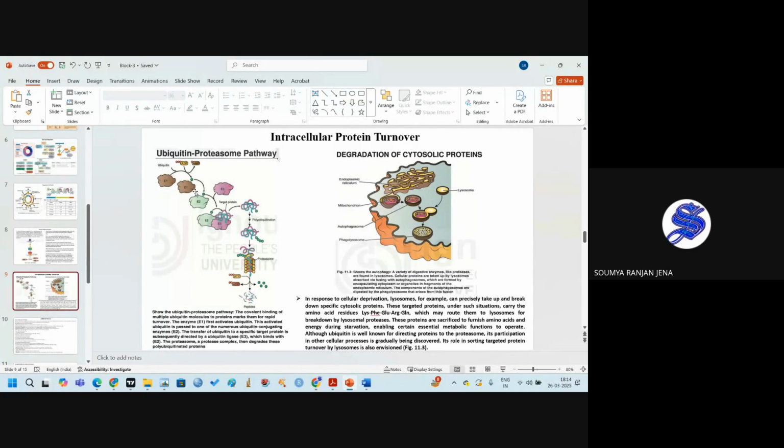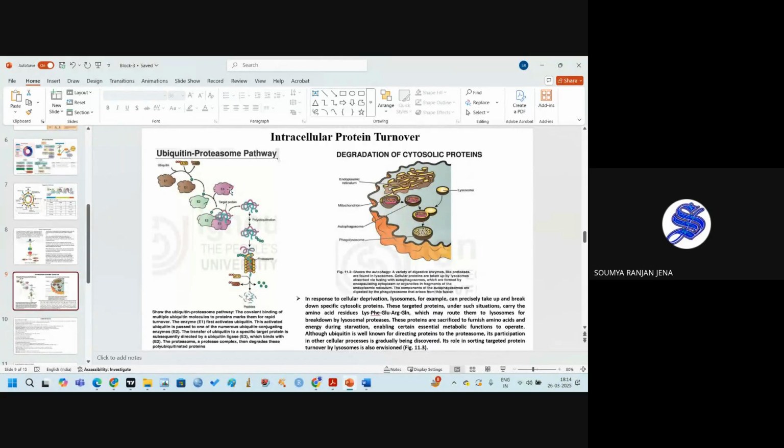E1 is replaced by E2, and this activated ubiquitin-E2 complex then transfers the ubiquitin to a specific target protein. Then this ubiquitin-E2 and the E3 enzyme, this is called ligase.